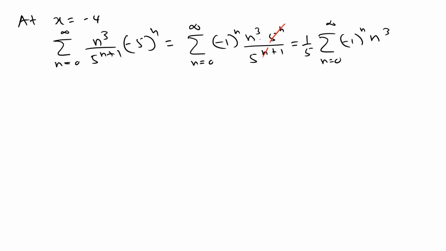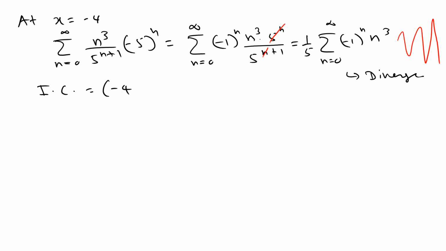But you can see it's going to jump and grow, so it's going to diverge again. The limit doesn't exist, it's going to jump between the two values. So that means none of the endpoints are in the interval of convergence. So the interval of convergence is (-4, 1), both open.